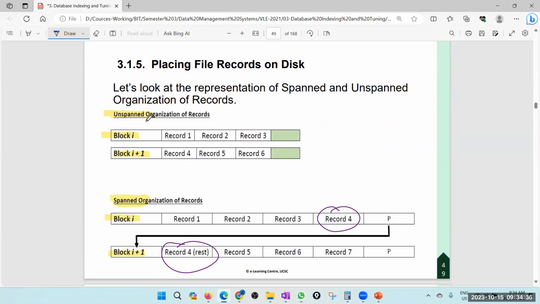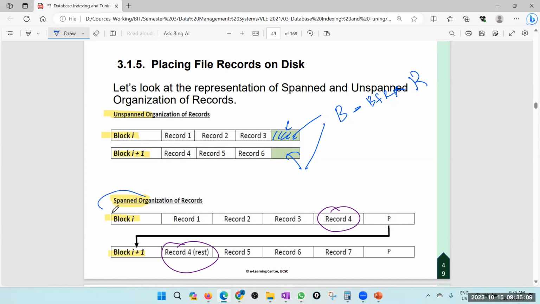In unspanned, if the space is not enough to keep a record, we just move it on. That is the calculation we did. So this wasted space is the size of a block minus the record size times the number of records that fit, because this much space is always wasted in unspanned.